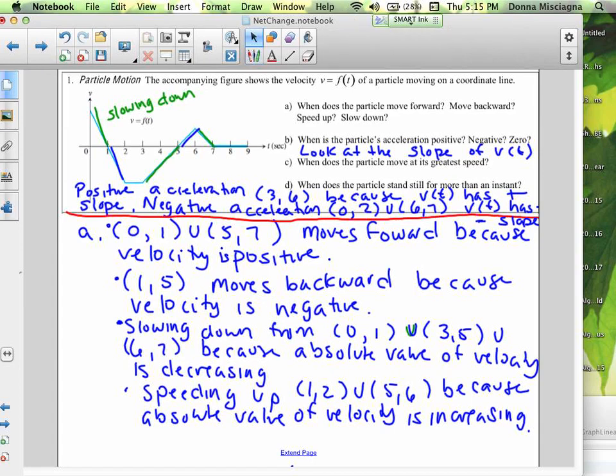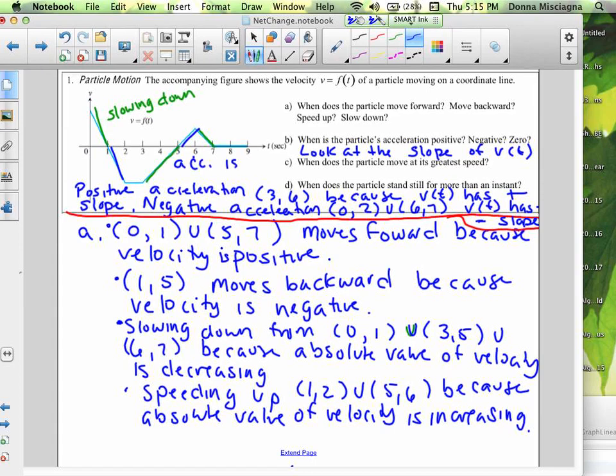Should move my line a little bit further down. There we go. And then where is it 0? I'm going to abbreviate acceleration. I should have done that.